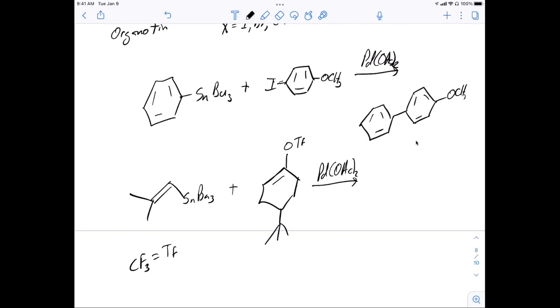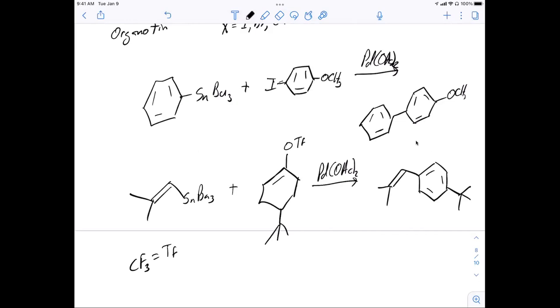Okay, so we use the tin, the good leaving group, either the halide or the triflate, and then our palladium catalyst. And notice wherever our tin is, that's where we attach it to wherever the halide was.